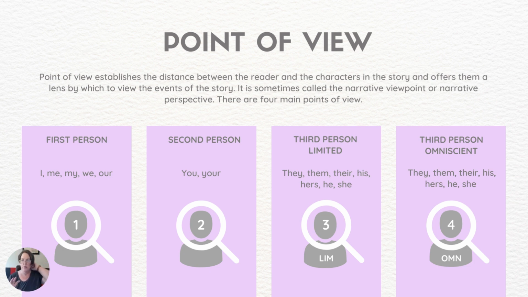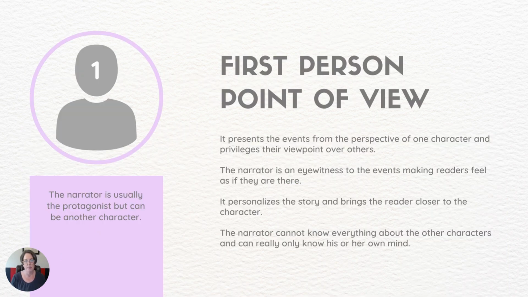We won't talk much about limited and omniscient. If this were a creative writing class, we would get deeper into those things, but we really don't need to talk too much about third person limited and third person omniscient because it really doesn't come into play for your non-fictional narrative.